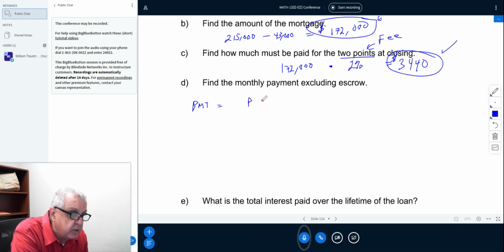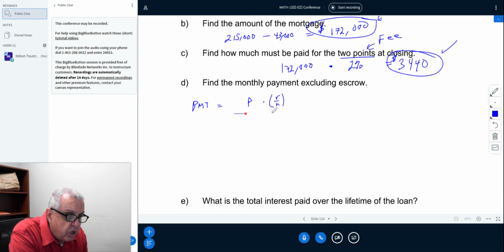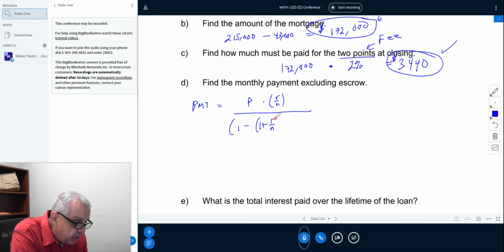equals the principal value, the starting value, times R divided by N, all divided by 1 minus 1 plus R over N, raised to the negative N times T. And I always put my power in parentheses.